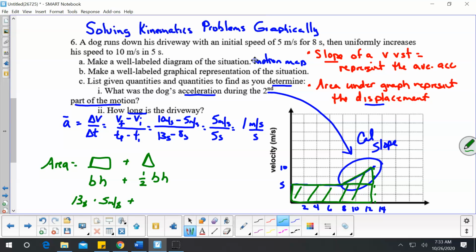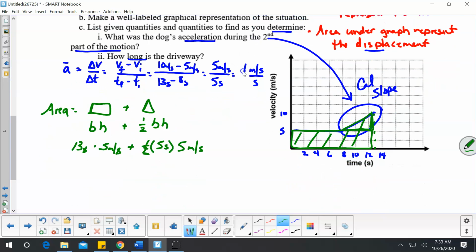Seconds will cancel, plus 1/2. The base of the triangle is from 8 to 13 seconds, so that is 5 seconds. And the height is from 5 to 10 meters per second, so it's 5 meters per second. Doing my calculation, 13 times 5 is 65 meters plus 12.5 meters. I get 77.5 meters.